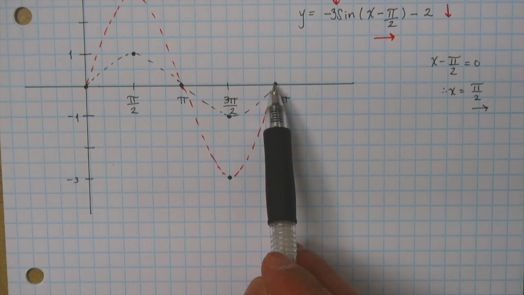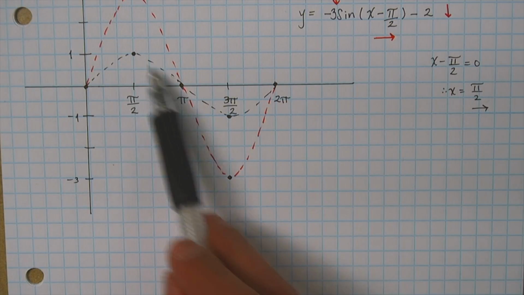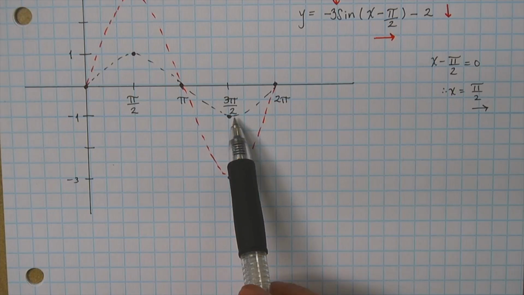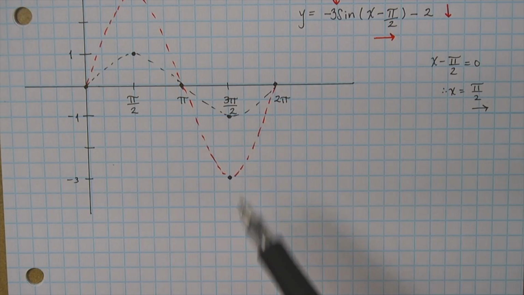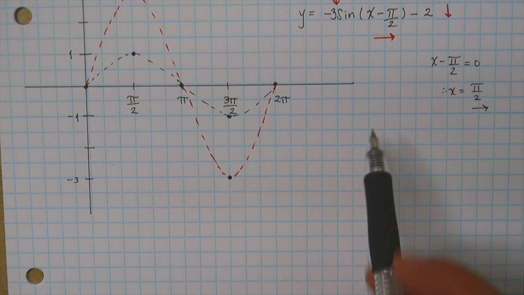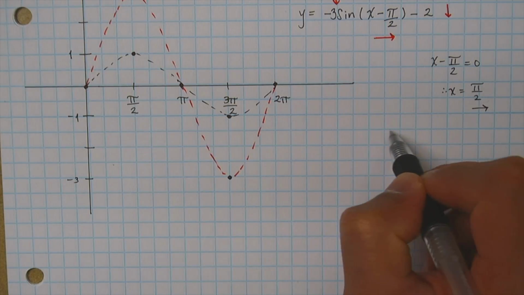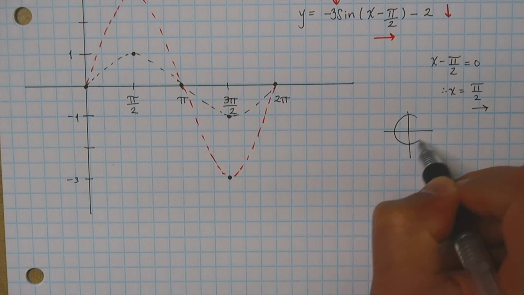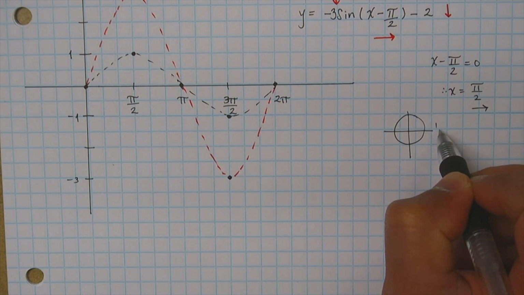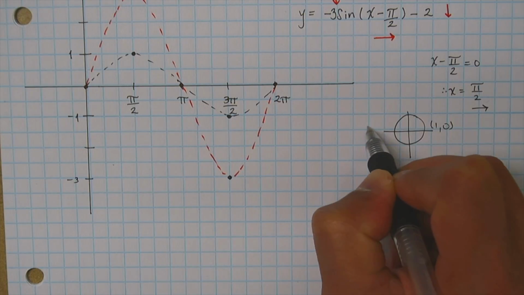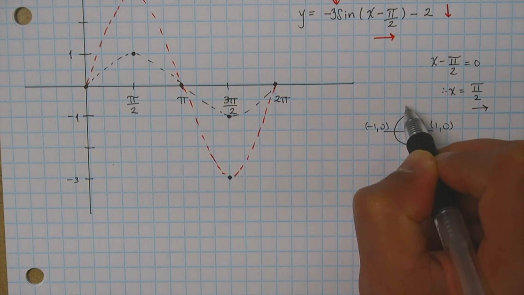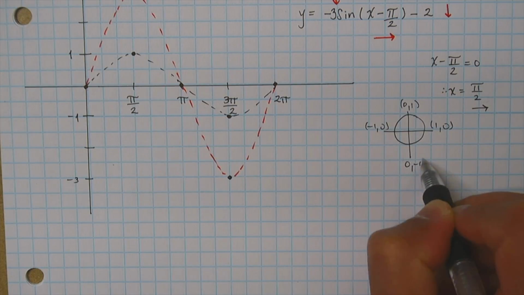These are your coordinate points here. These are the coordinate points from your unit circle, remember. So if you draw your unit circle, this point is (1, 0), this point is (negative 1, 0), this point is (0, 1), and this point is (0, negative 1).